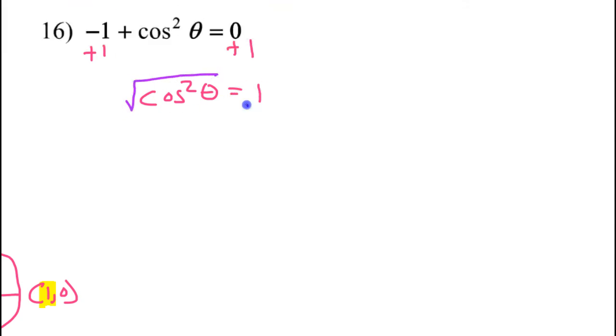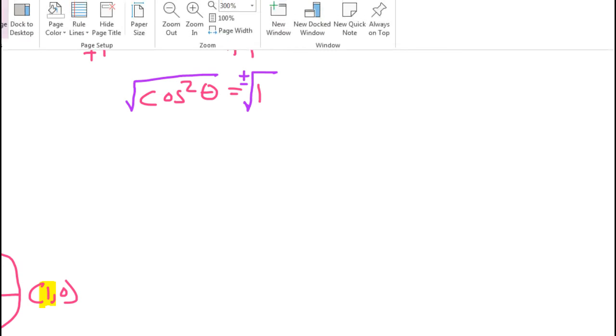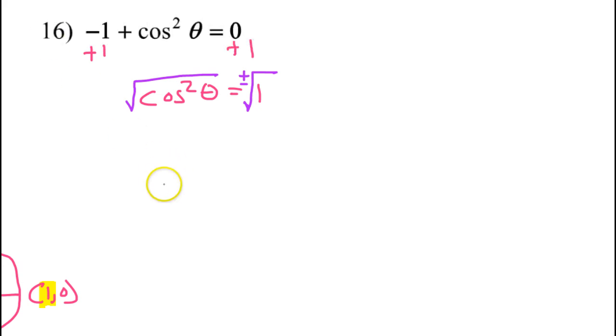Please remember, when you take the square root of both sides, the solution will be positive or negative. So don't forget that plus or minus, or you will be only half right and you will get only half credit. So this will give us cosine, alright, it's not squared anymore, so cosine is equal to plus or minus 1.